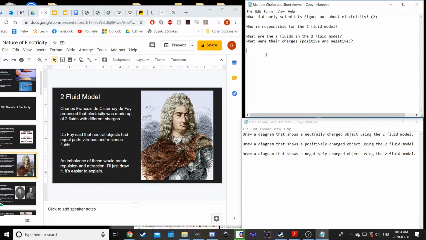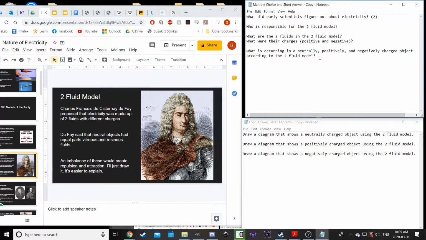So I would also put it into my short answer section that says something like, what is occurring in a neutrally, positively and negatively charged object according to the two fluid model?